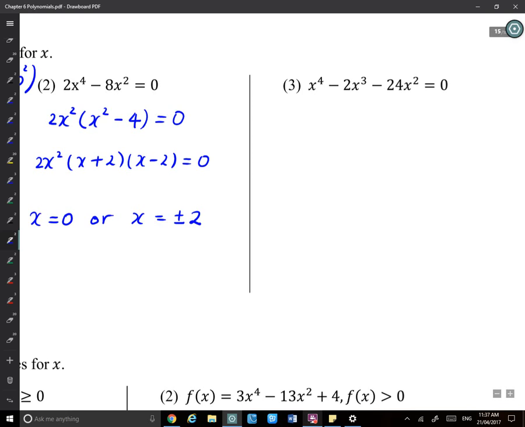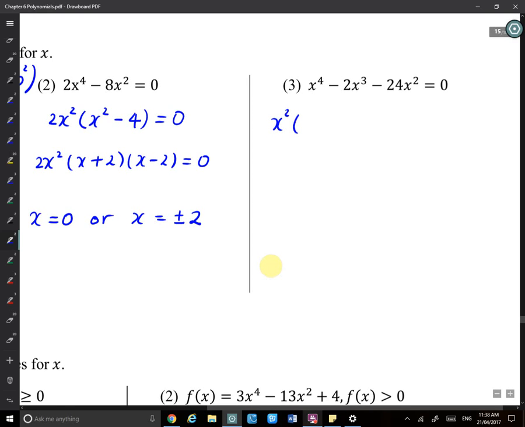Okay, the next one. X to the power 4 minus 2x to the power 3 minus 24x squared equals to 0. What's the common factor? X squared. And you have x squared minus 2x minus 24 equals to 0.